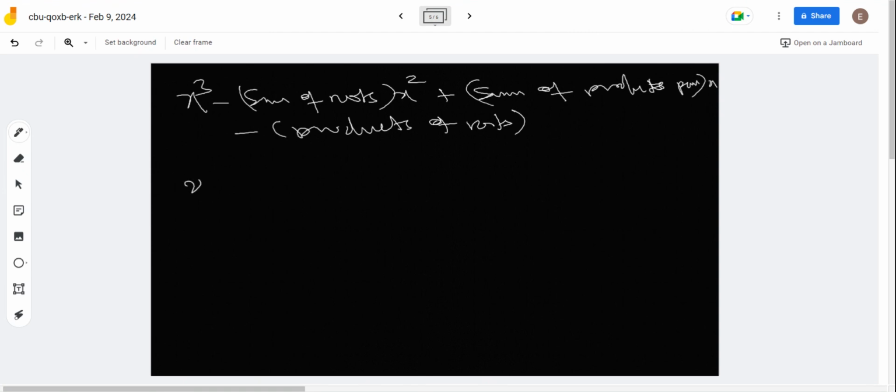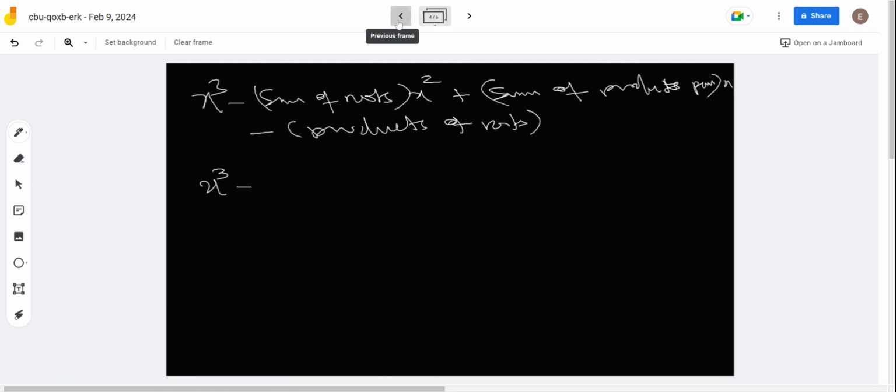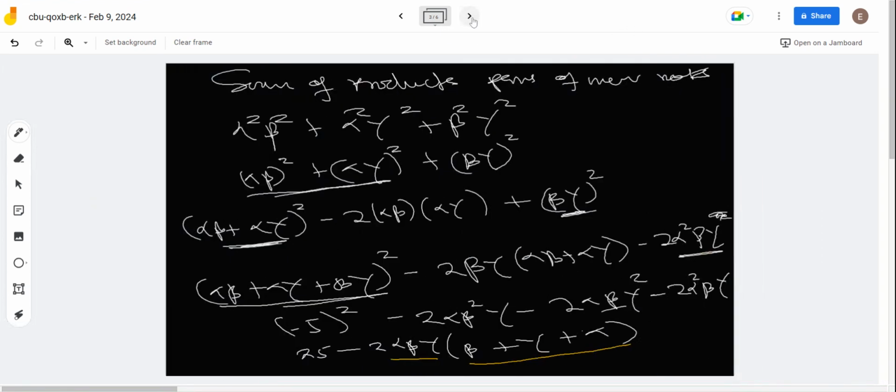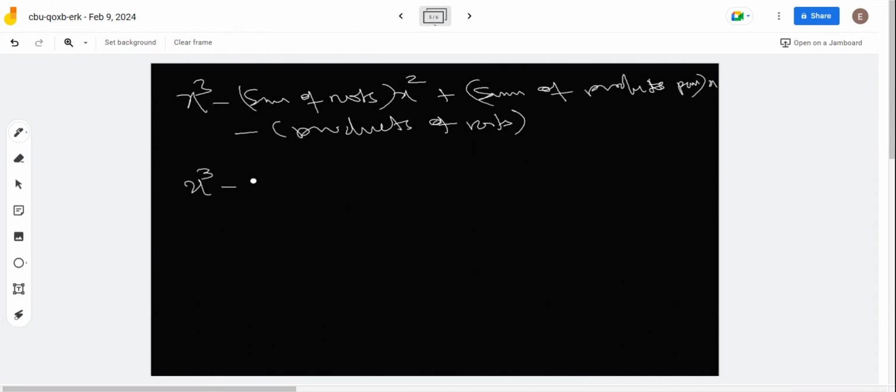So we have x cubed minus the sum of roots. The sum of our new roots was 26, so minus 26x squared.